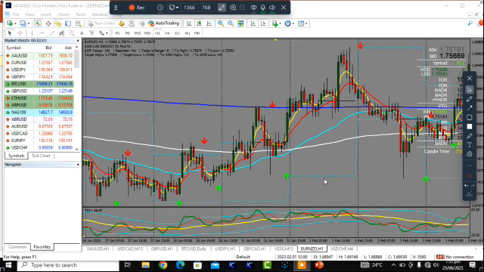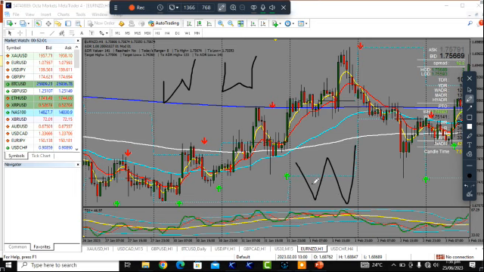Now what is divergent? In a normal day, when you are analyzing your market and you see a pattern like this, but in your TDI you are seeing something different.